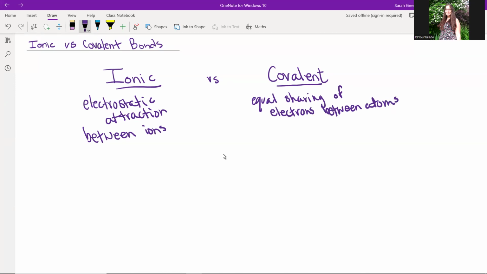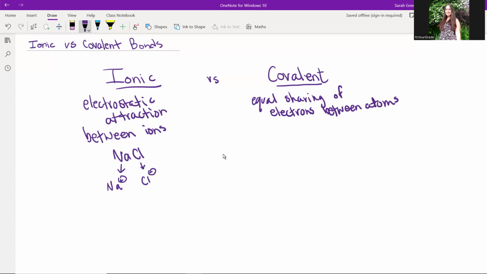For ionic electrostatic attraction between ions, an example of this would be sodium chloride, your table salt. And sodium chloride is composed of a sodium ion where the sodium metal has lost an electron, and a chloride ion which has gained an electron.